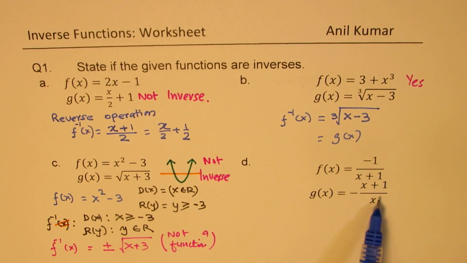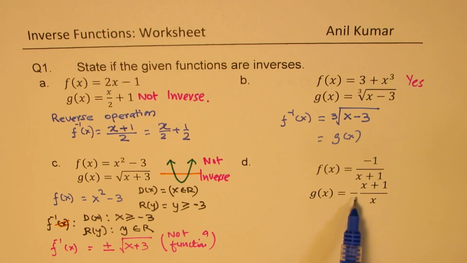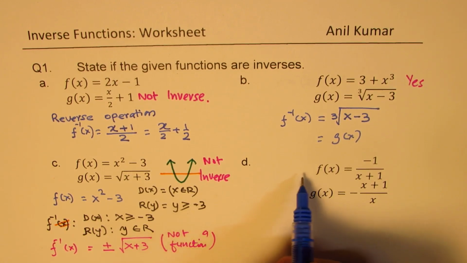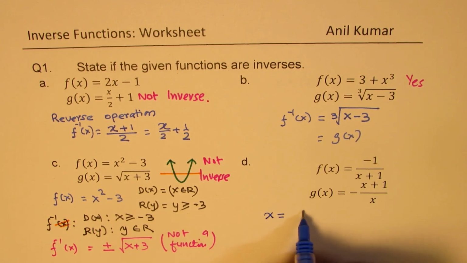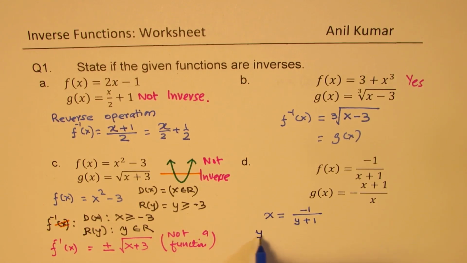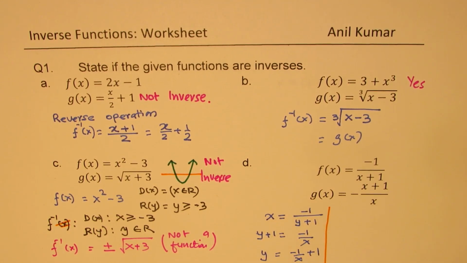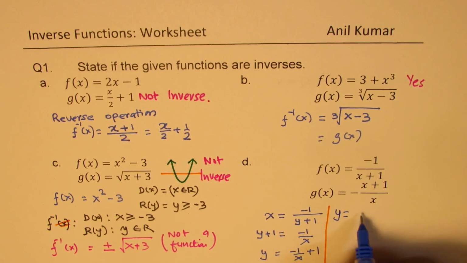Here, let us figure out the inverse algebraically, and then we'll confirm whether g of x is an inverse or not. So to find the inverse, the steps are we swap x and y. So we could write this as x equals to minus 1 over y plus 1. We'll just cross multiply. We get minus 1 over x. Take 1 on this side. So we get y equals to minus 1 over x plus 1. Okay, so let's do it on the right side. That gives you y equals to minus x plus 1 over x.